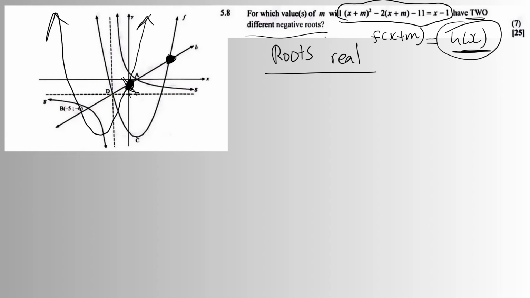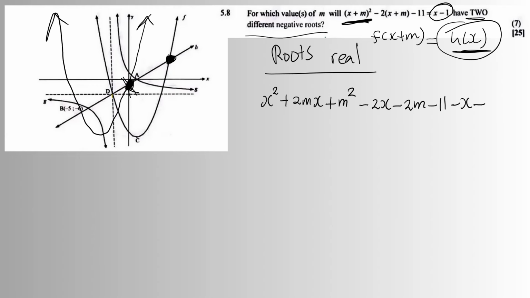So (x plus m) squared will be x squared plus 2mx plus m squared when you expand. Then I remove the bracket by minus 2x minus 2m minus 11. Then I take the x minus 11 to the other side, to be minus x plus 1 is equal to 0.